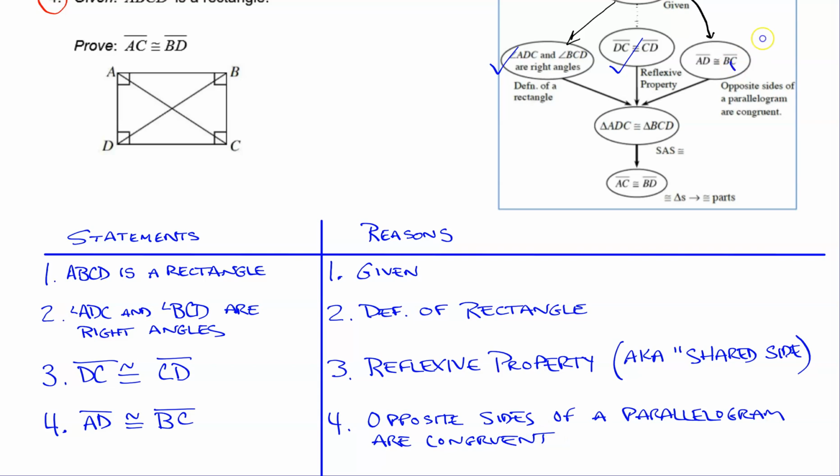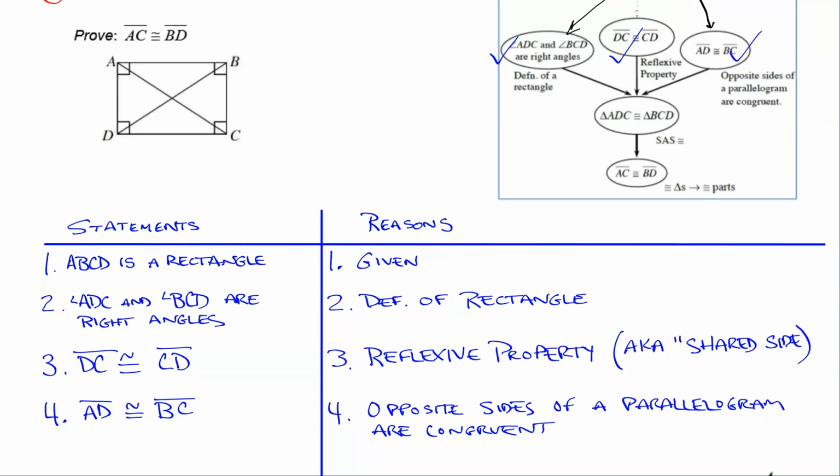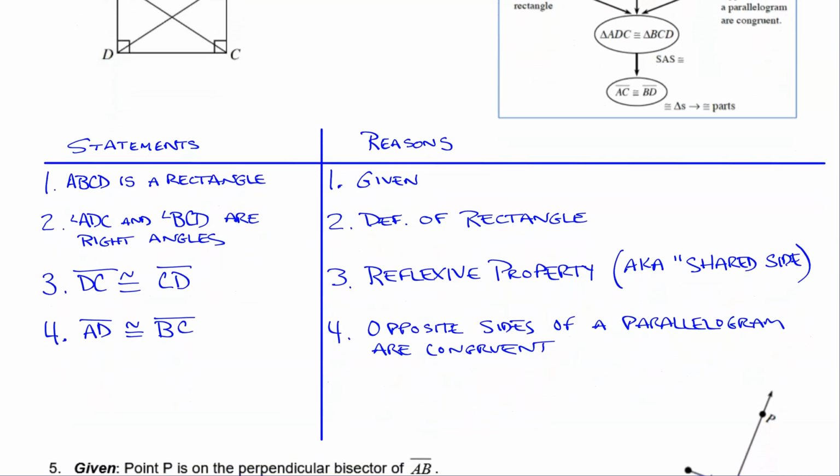Just like that, bam, I've taken care of another fact oval. I'm now ready to make a statement about triangle congruence. That's going to be my 5th statement. Triangle ADC is congruent to triangle BCD. The reason that we can make that statement, well, that's side angle side congruence. Bam! We've taken care of another fact oval.